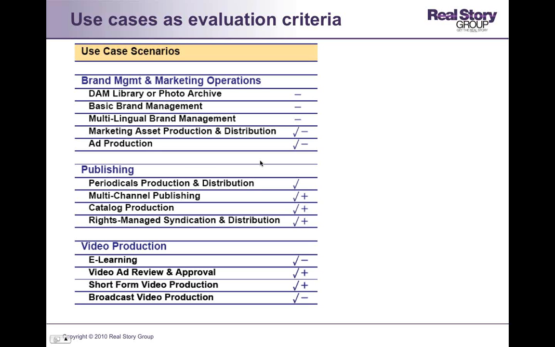So recently, I'm currently going through a product selection with a broadcaster based in New York, and we actually picked 3 scenarios of these 13 that made a lot of sense in terms of what they needed to do. They were doing basic brand management. They were also producing marketing collateral, so they had market asset production and distribution, and then they're also doing short-form video production, which is all the way down the bottom. So those are 3 very different sorts of scenarios they fit into.